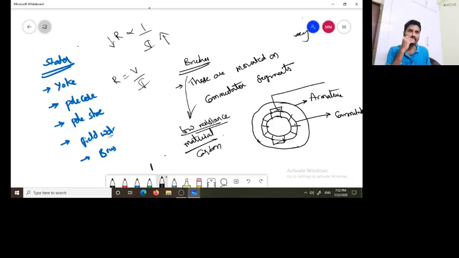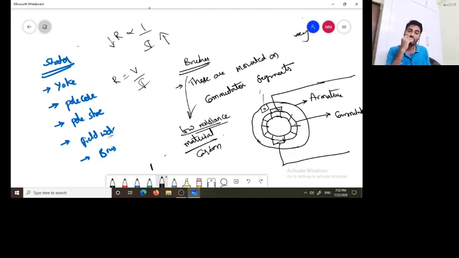These brushes are mounted on the commutator segments. I already told that the main function of a commutator is to convert the AC value of EMF into unidirectional EMF. In the armature there are slots in which conductors are placed, so whenever the flux links with a conductor, due to Faraday's laws of electromagnetic induction, an EMF is induced.